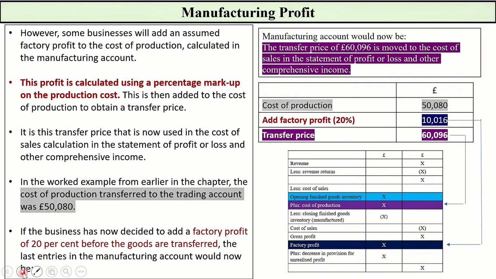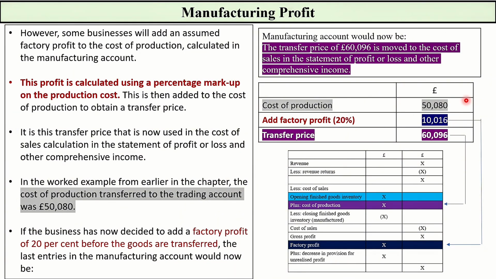In the worked example from earlier in the chapter, the cost of production transferred to the trading account is 50,080. So let's assume the cost of production is 50,080. If the business has now decided to add a factory profit of 20% before the goods are transferred, the last entries in the manufacturing account would be as follows.